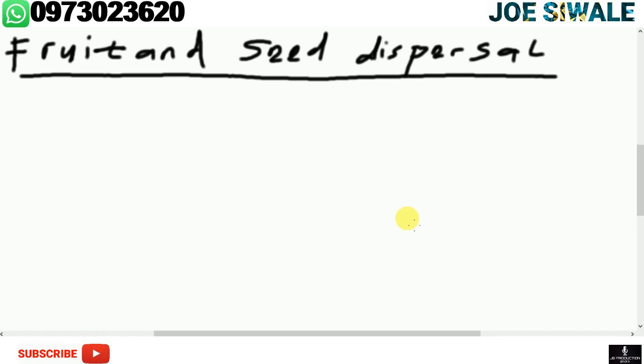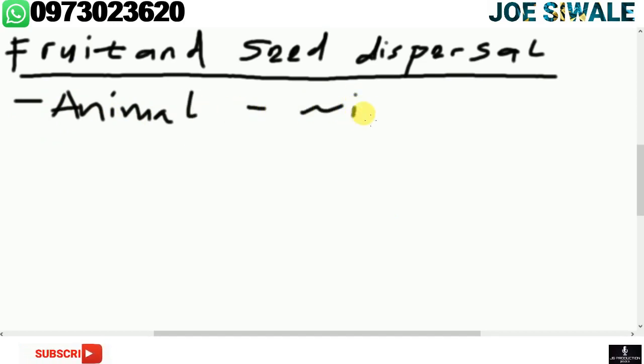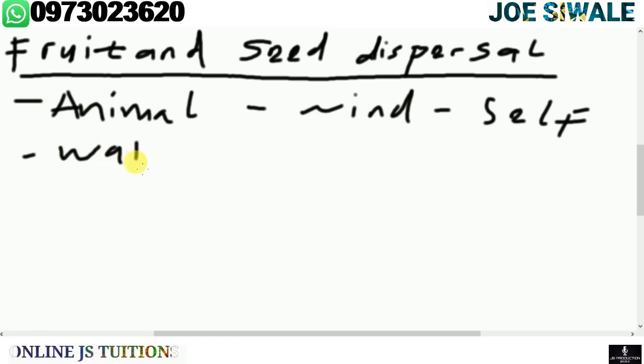We have animal, wind, self, water, and we also have chance dispersal. But we're going to concentrate on animal, wind, self, and water dispersal.